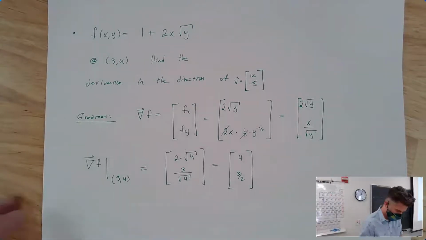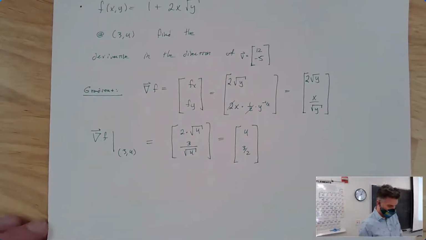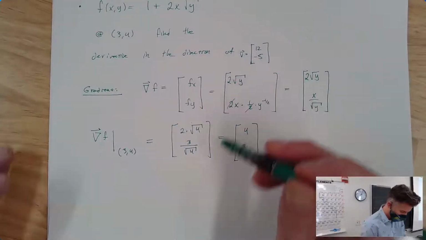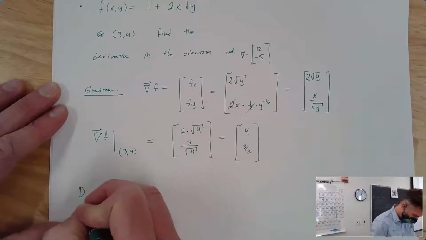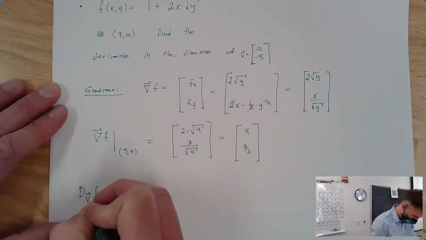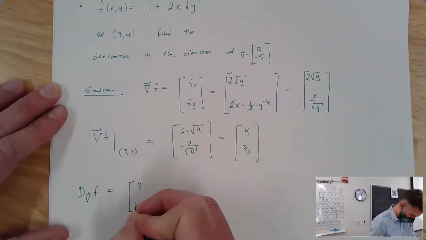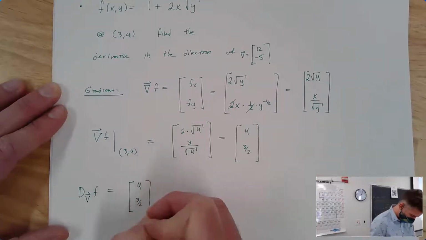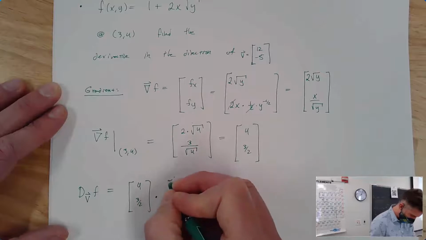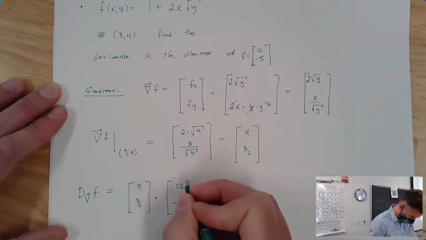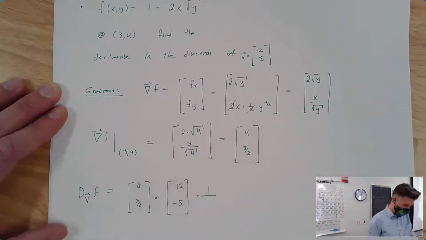We'll come back to that. Specifically, if I want to find the directional derivative in the direction of that vector, it's going to be my gradient dotted with that vector, divided by that vector's magnitude.